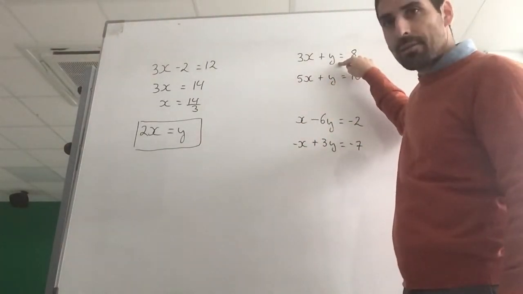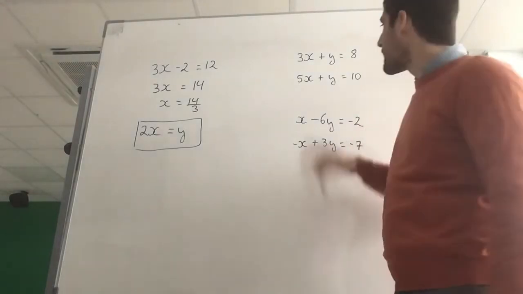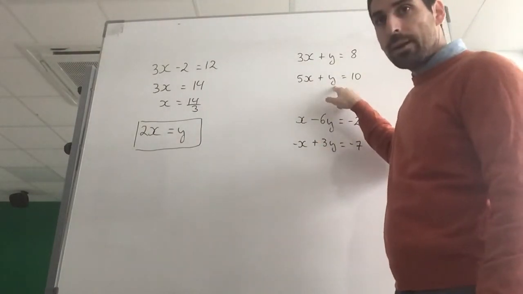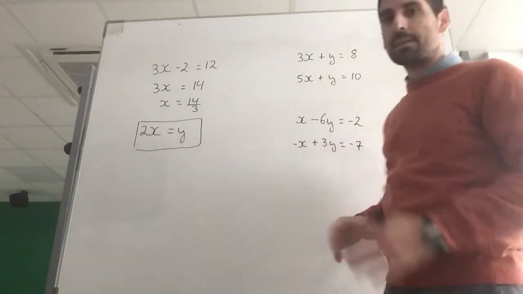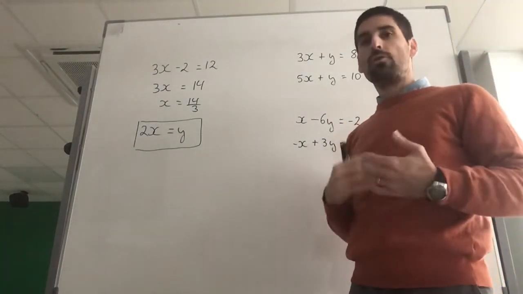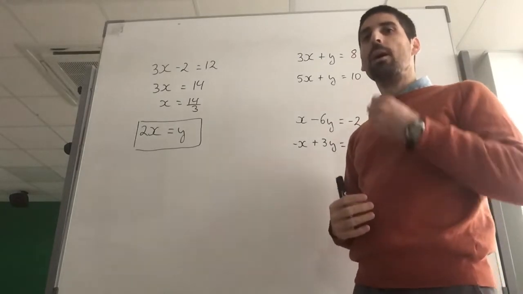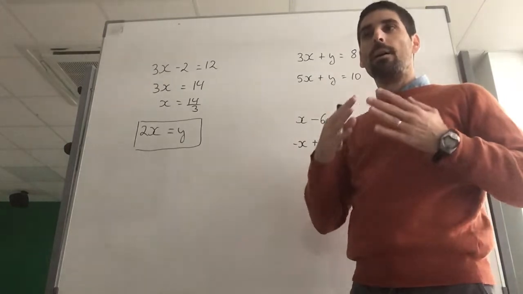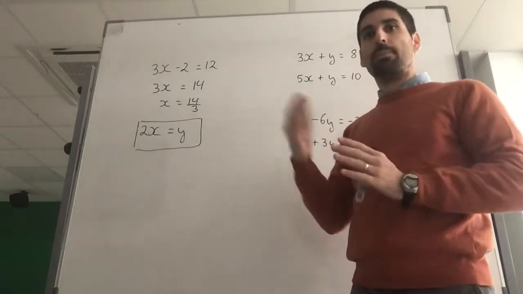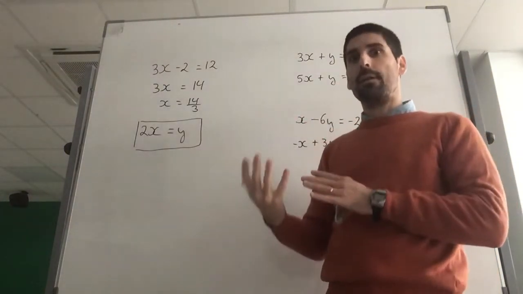How many y's have I got here? I've got 1 y. How many y's have I got here? 1 y. Awesome. So if I have the same amount of y's, I am going to get rid of the y. I am going to eliminate the y, and that's why this method is called the elimination method, because we're going to get rid of the y first.